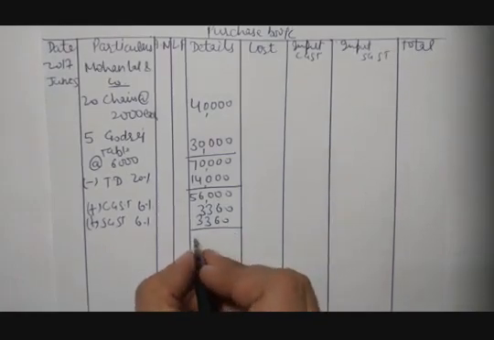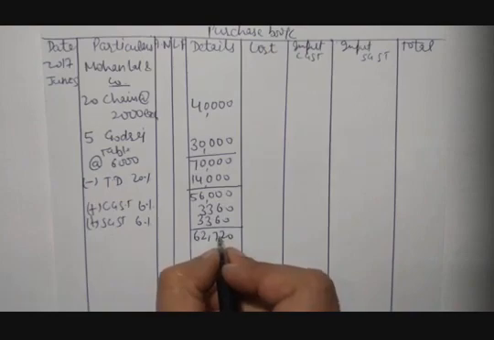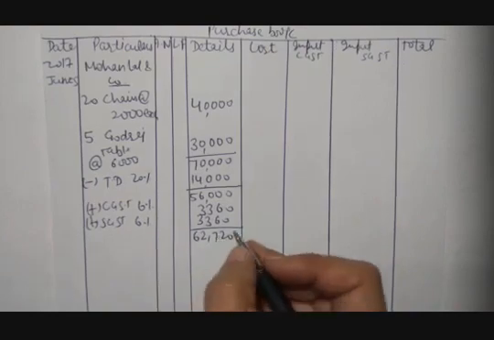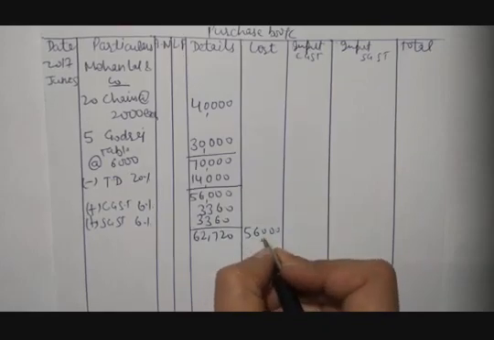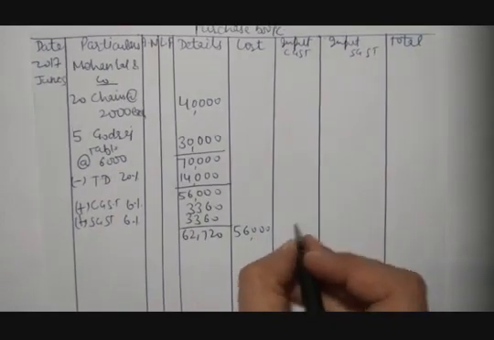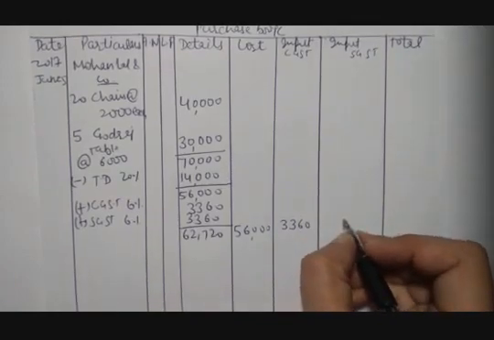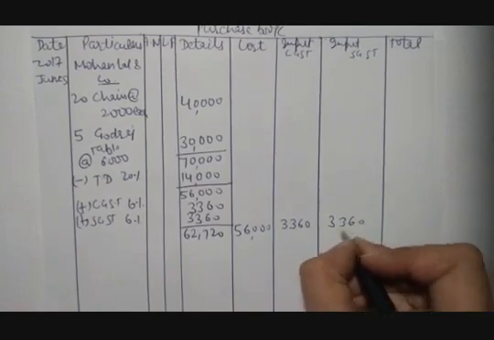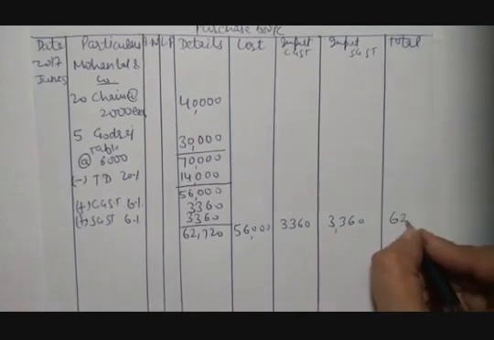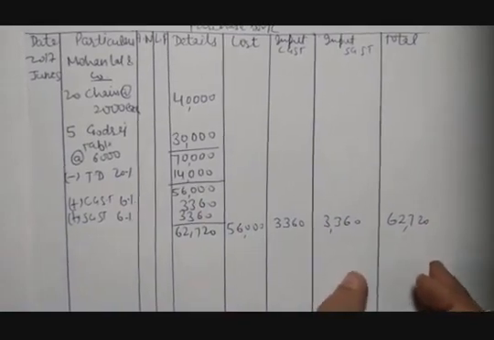It will be beta 62,720. Now we will write all these column like 56,000 cost. Under input CGST we will write 3,360. Under input SGST we will write same amount definitely, and total will be 62,720 as we have already mentioned here. Fine.